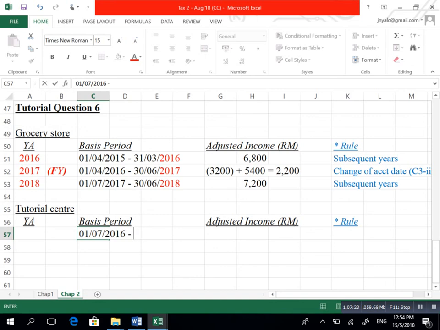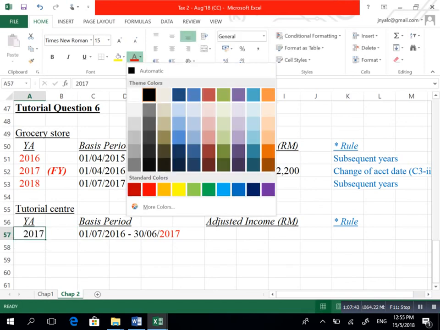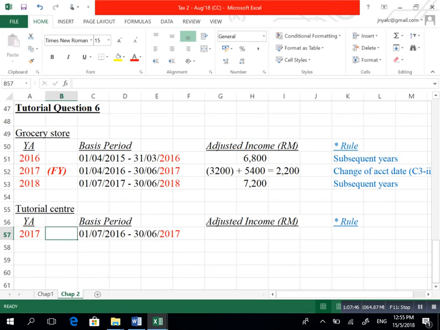Now this rule, we are actually following the new business rule, new business source. You have a new business in the company, and the adjusted income should follow the same, yeah? 14,350, because the accounting period and the basis period are the same.